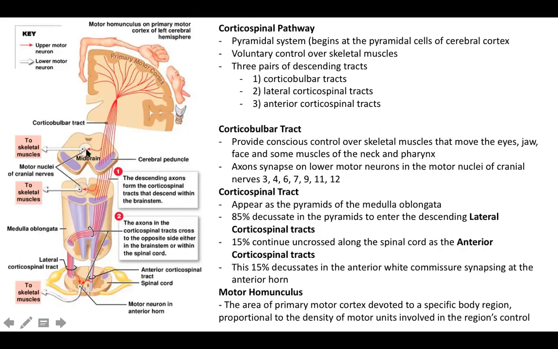So it synapses at the nuclei for those, and then goes to the skeletal muscle. So it controls eye movements, facial movements, head and neck movements, tongue movements, muscles of the throat. So these are motor, responsible for skeletal muscle movement. Okay, so that comes directly off that corticobulbar tract.